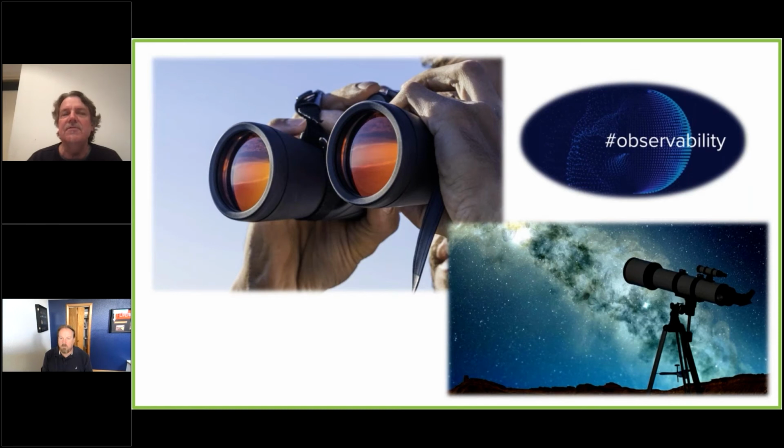Events are still useful, but events are a secondary structure that in many cases can be built out of these streams of metrics, traces, and logs. And I think that's the way we've got to look at it, that events are secondary, and what's fundamental are what have been called the three pillars of observability.